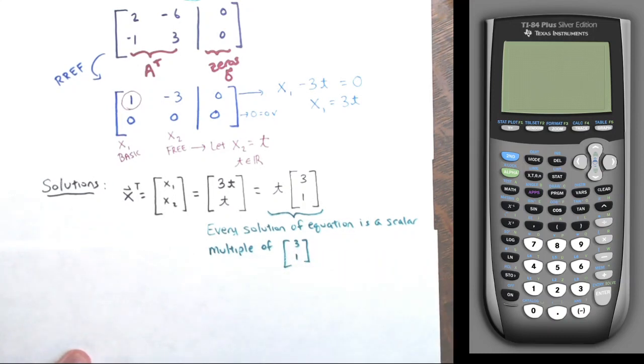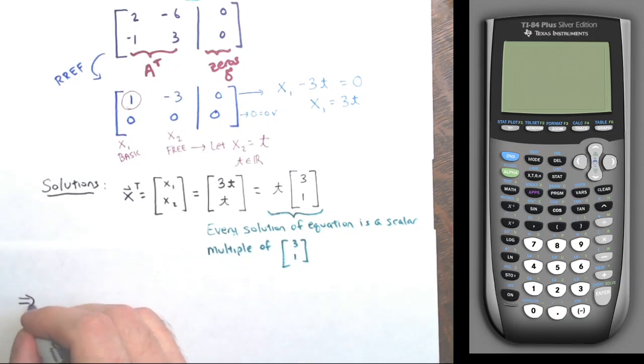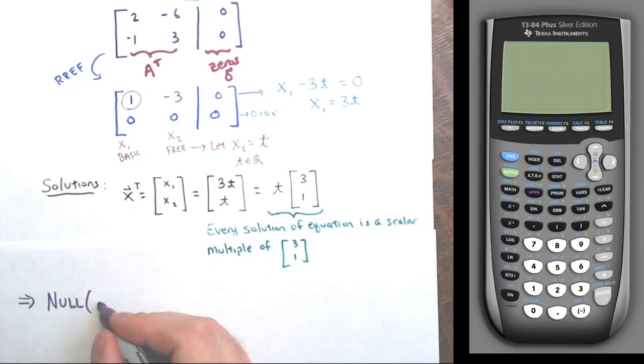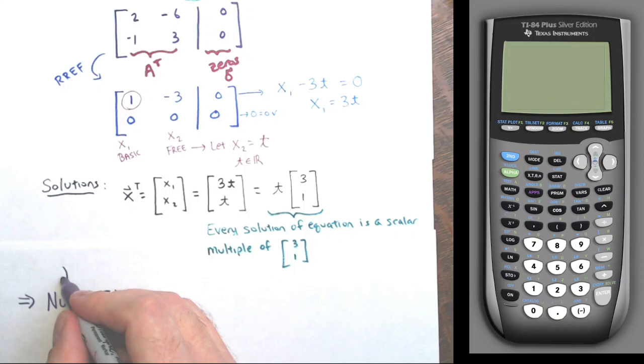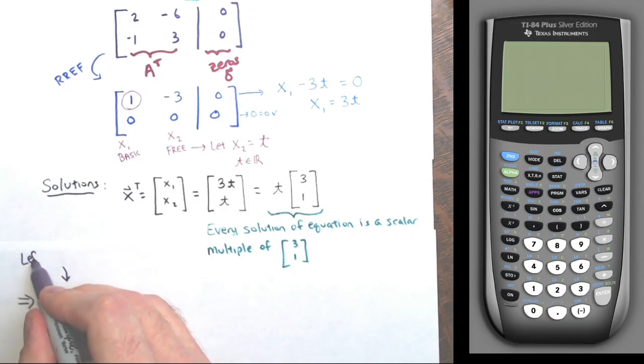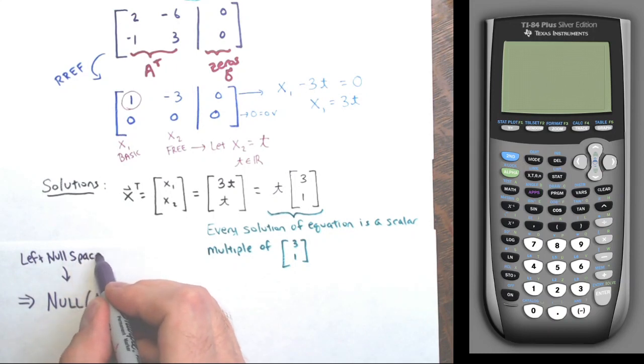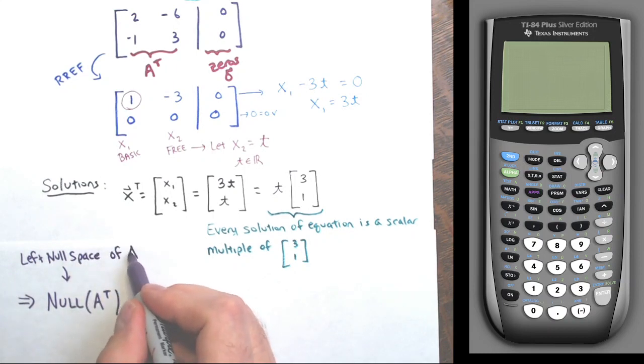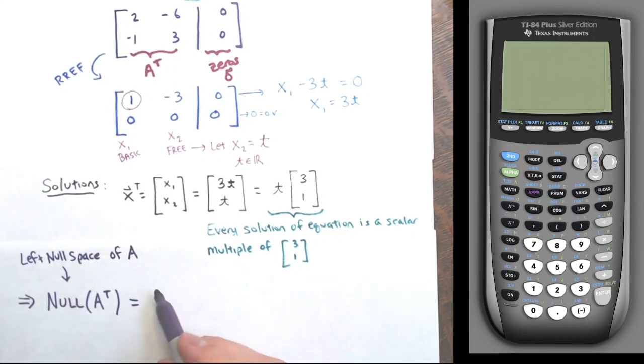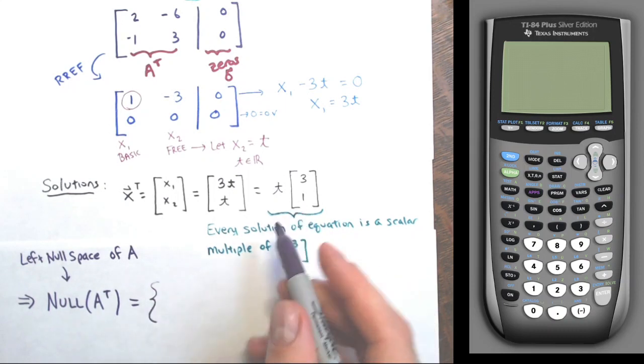Okay. So the null space of A transpose, which is the left null space of A, you can write in a couple of ways. It is the set of all the scalar multiples of the vector 3, 1.